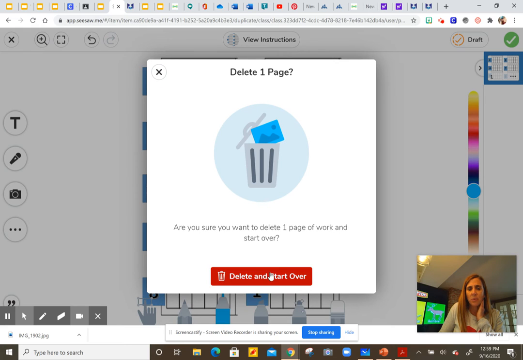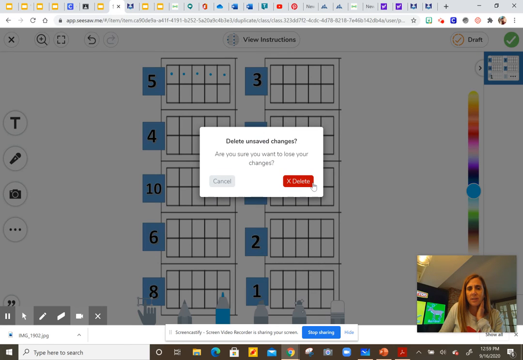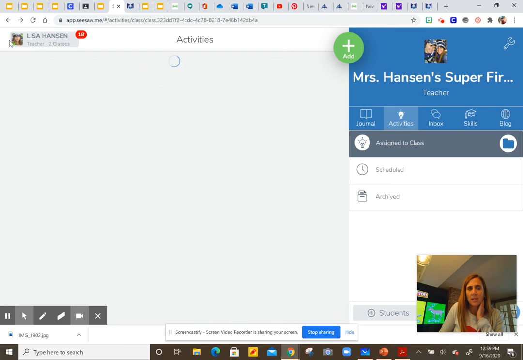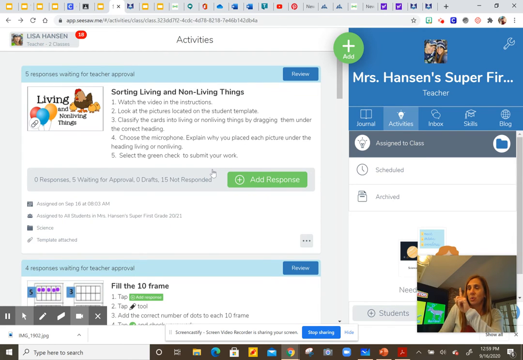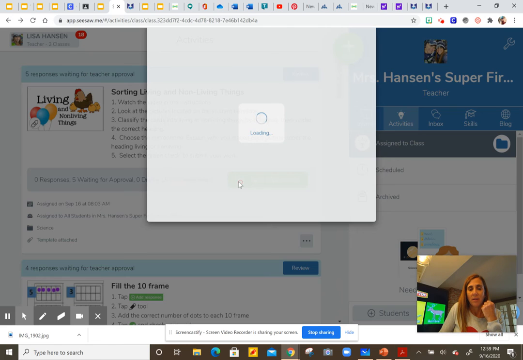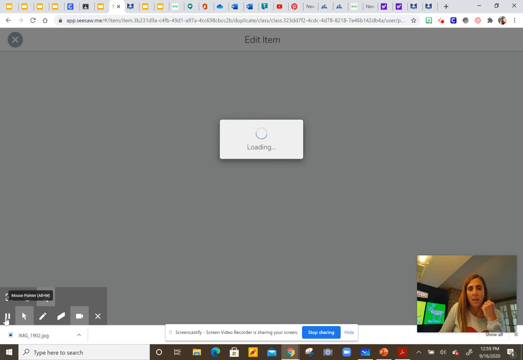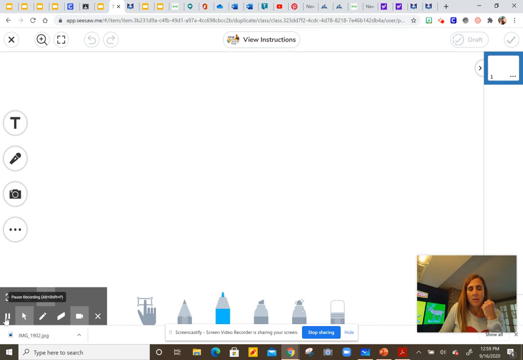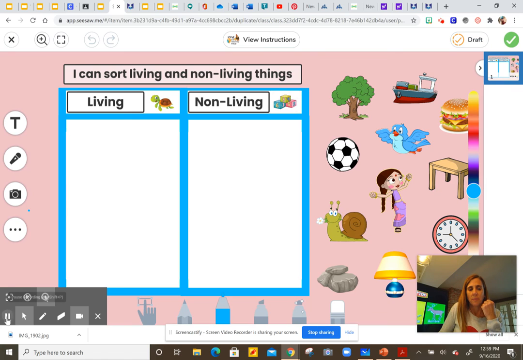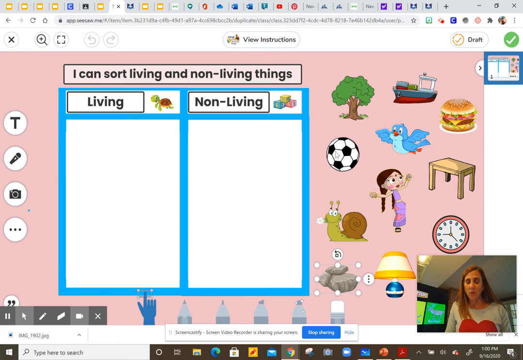And then the next one is living and non-living. Okay, so this one you're going to click on this little hand so you can drag and drop.